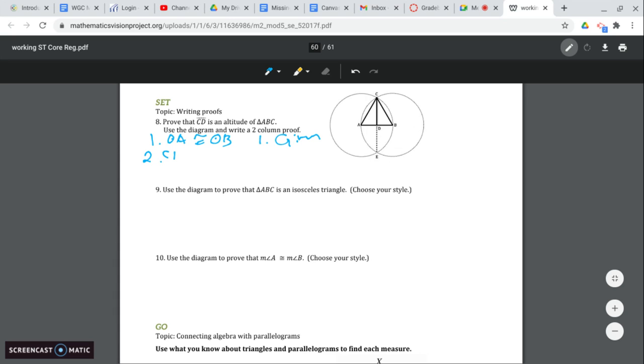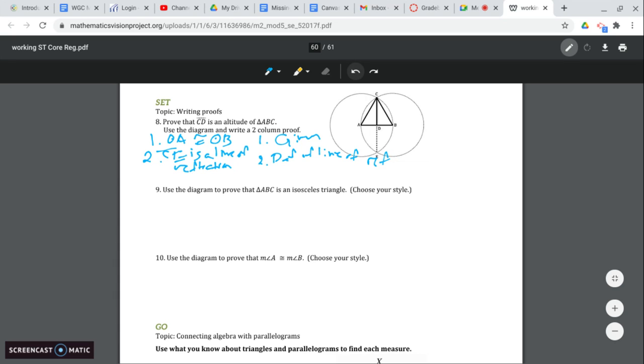So CE is a line of reflection. Reason 2 is definition of line of reflection.